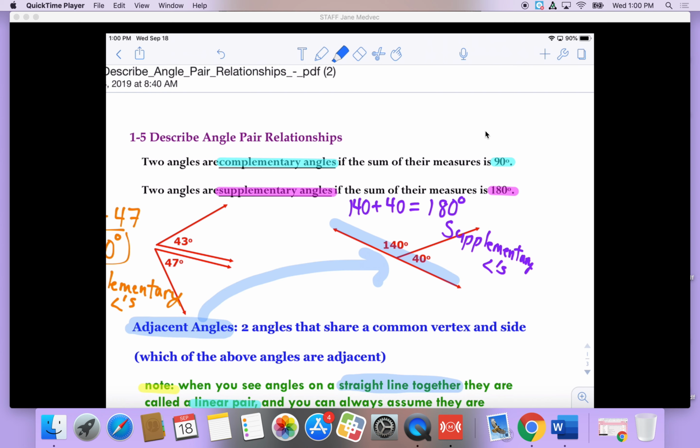Whenever they do that and they touch, they are considered a linear pair. So on top of being supplementary and being 180 degrees, they're also a linear pair. And we're going to use that a lot when we do our proofs. So having that in your vocabulary is really important. Any questions?